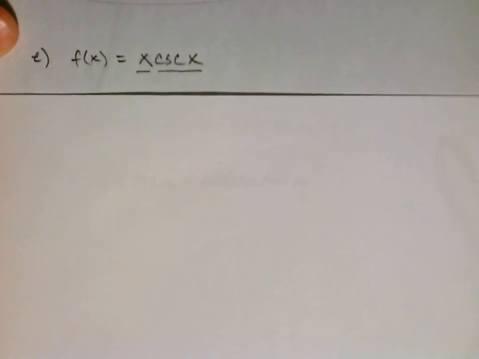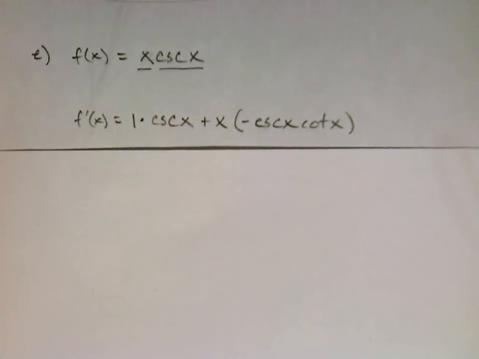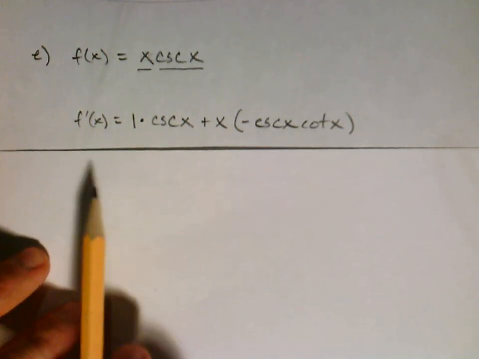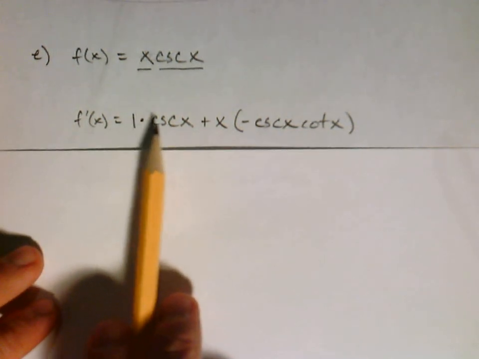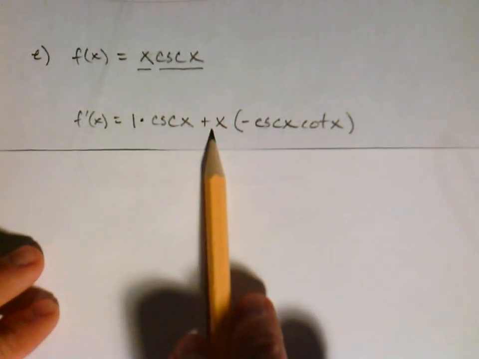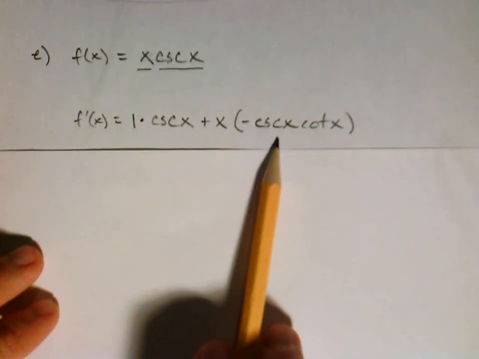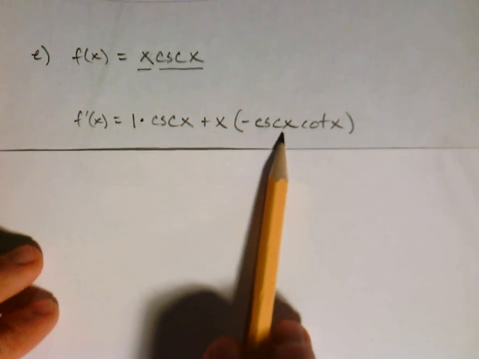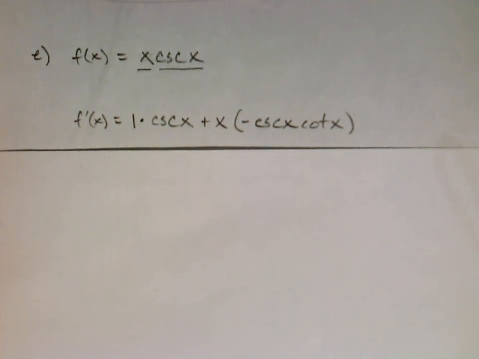And I'm just going to go ahead and show it to you. Of course, if we were in class, we'd be talking about this step by step, but not here. All right, so our derivative, well, the derivative of x is 1 times cosecant x plus we've got the x that we just copied multiplied with the derivative of cosecant x. It's itself and its friend, and it's a co, so we know it's negative.